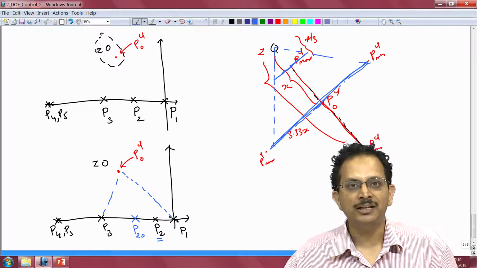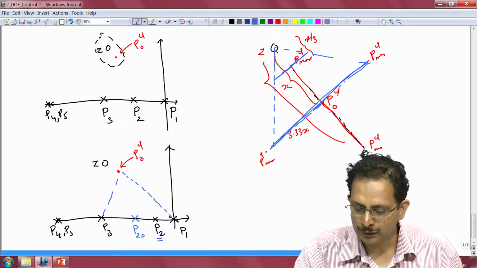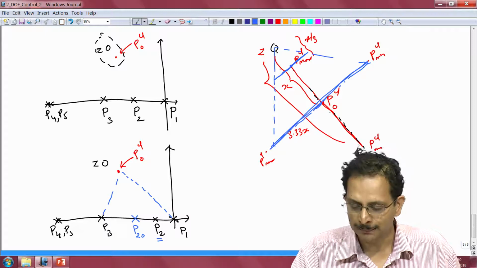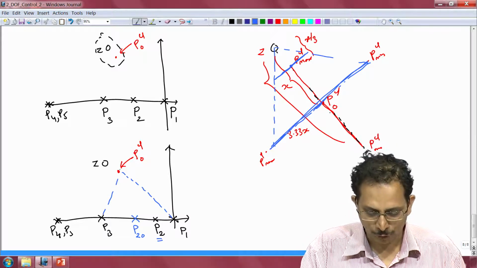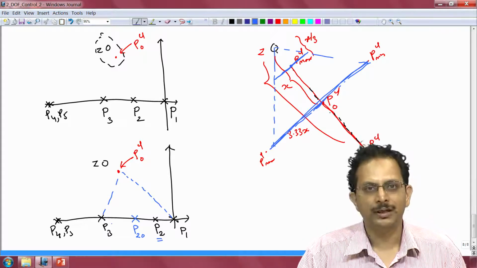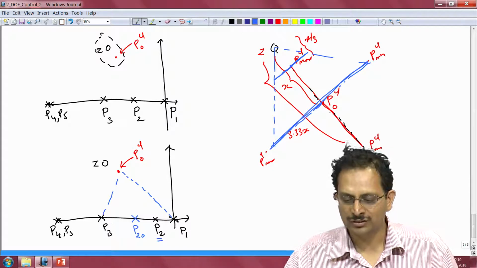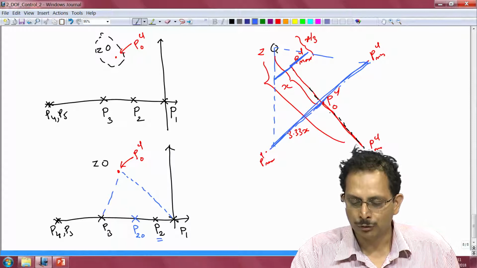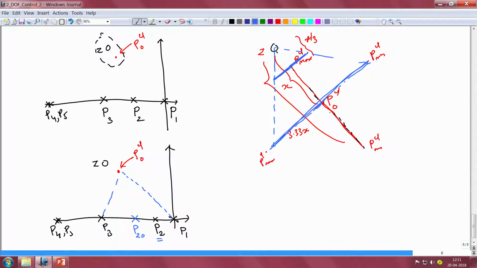Since that similarity still needs to be there, this needs to move along a straight line that describes a triangle similar to the triangle that we have drawn here, namely PCL naught, P1 and P3, and that forces this straight line along which the closed loop pole is going to vary, which I am highlighting now, to be parallel to the straight line along which the closed loop pole will vary when the gain was at its nominal value.